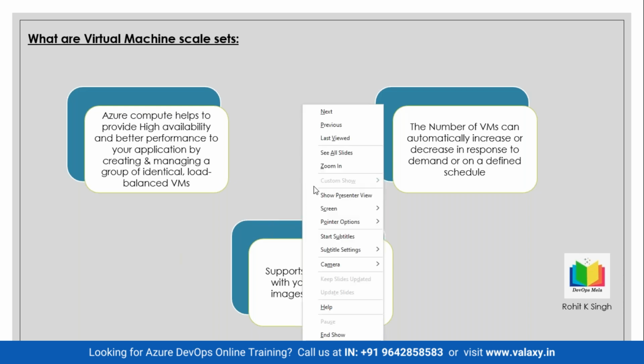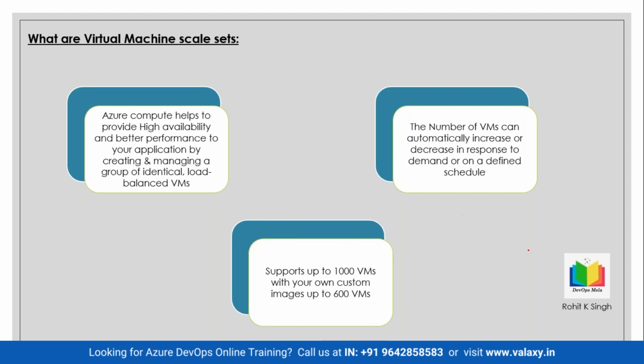The number of VMs can be automatically increased or decreased depending upon the demand or a defined schedule. Now suppose your application is running behind the virtual machine scale set. Now there is a CPU spike. You have two VMs currently running your application, and there is a sudden spike and the CPU percentage has increased.